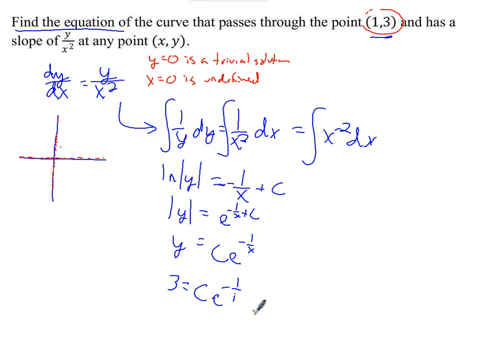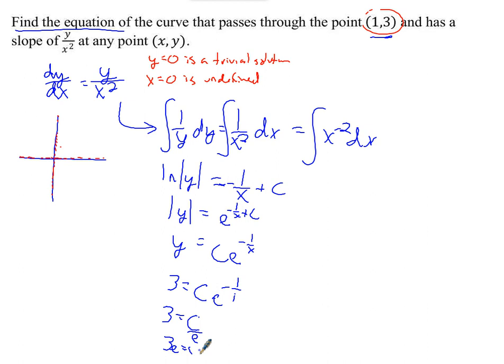So that's e to the negative 1. 3 equals c e to the negative 1, which is like c over e. Don't need a calculator for it. Solving for c, 3e equals c.